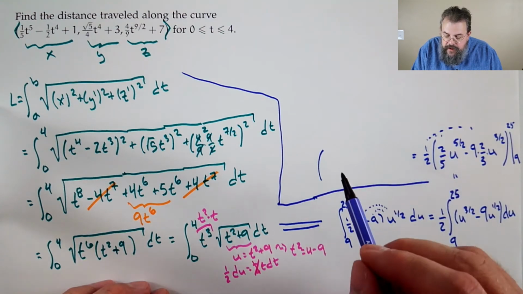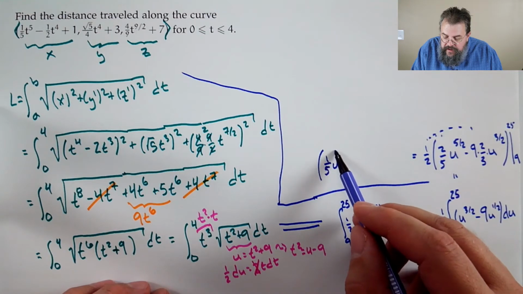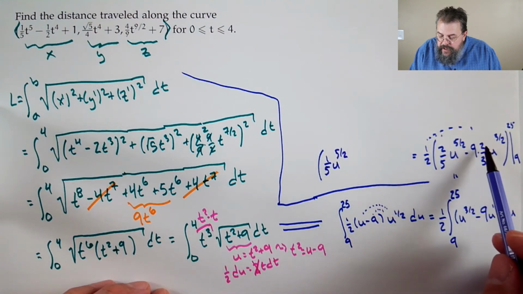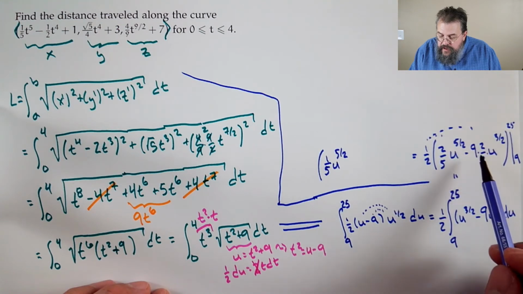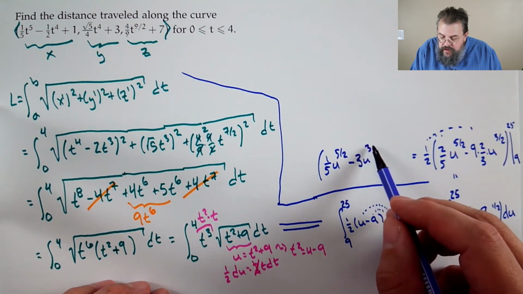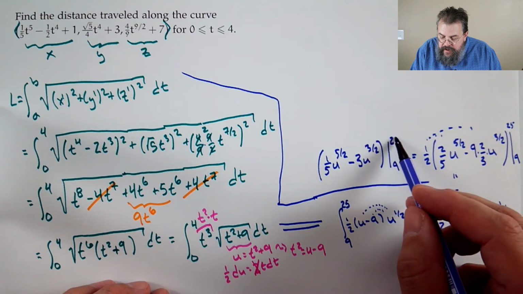A half times 2/5 is 1/5 u to the 5/2. And then a half, and cancel with that 2, a 3 cancels with that 9, at least a little bit. So minus 3u to the 3/2 from 9 up to 25.